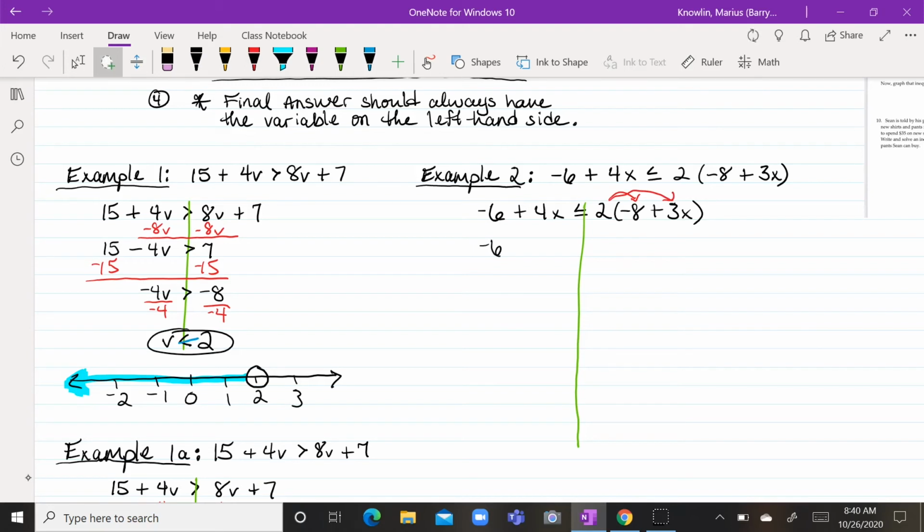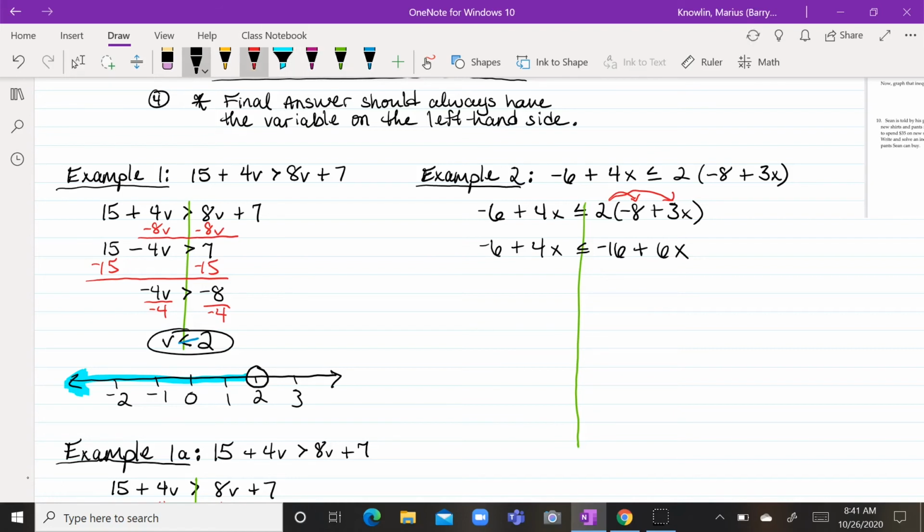So on the left, that's going to be -6 plus 4x less than or equal to, excuse me, -16 plus 6x. I apologize about that. One more time, if we distribute properly, that would be -16 plus 6x, because 2 times +3 is +6, and 2 times -8 is -16.